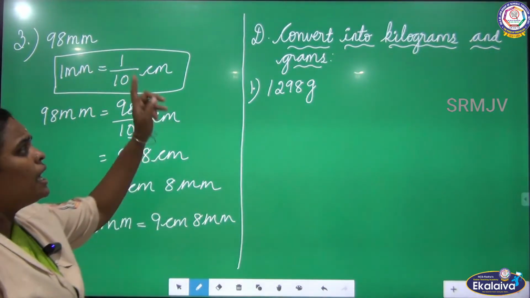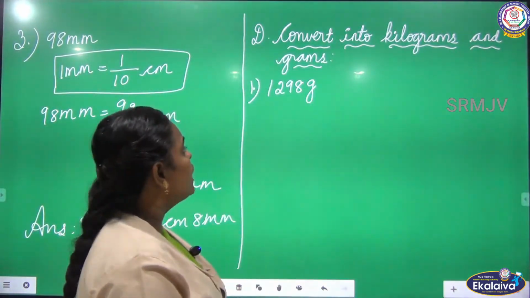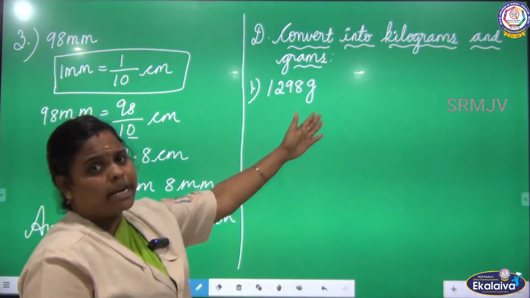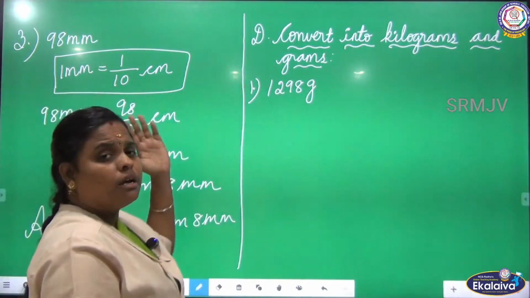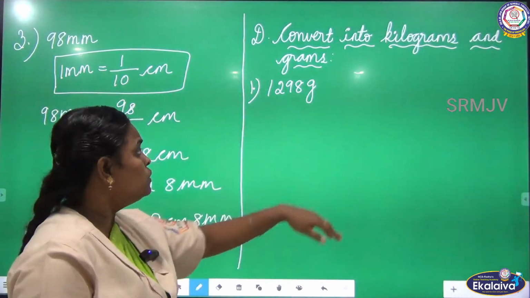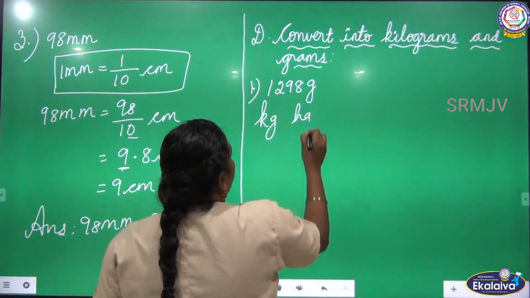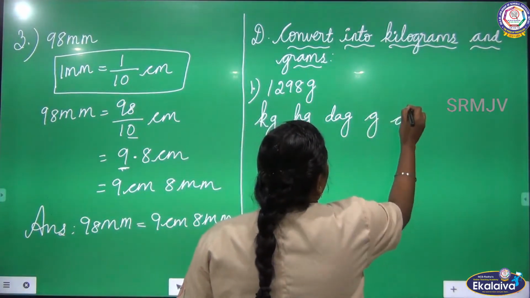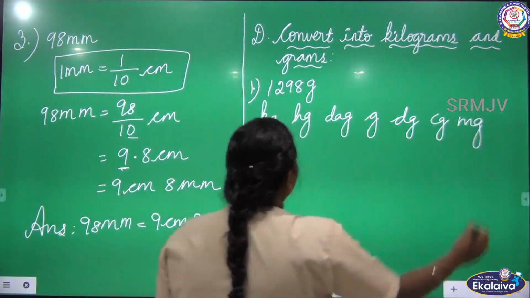Next one, convert into kilograms and then grams. This is in grams. So how will you convert gram into kilogram? You know already kilogram into gram. So now we are going to convert gram into kilogram. So kilogram, hectogram, decagram, gram, decigram, centigram and then milligram.